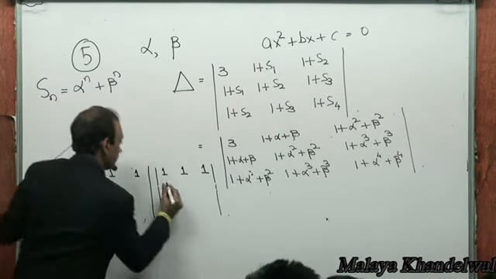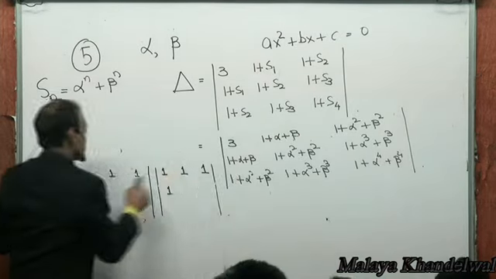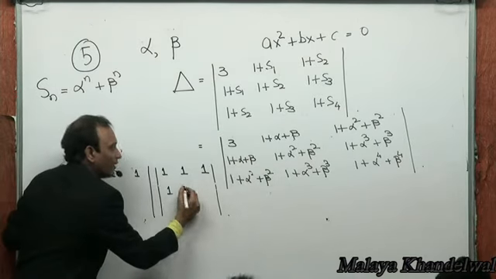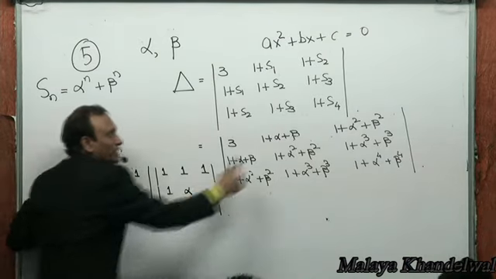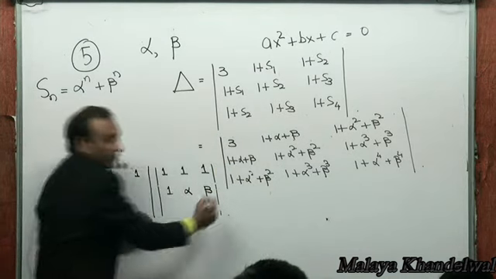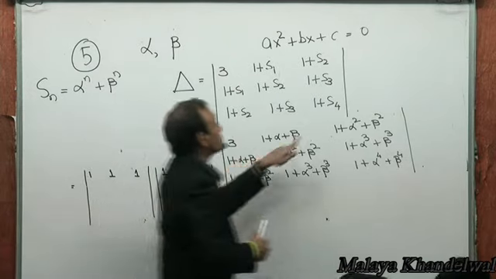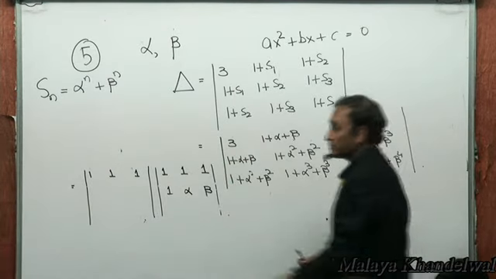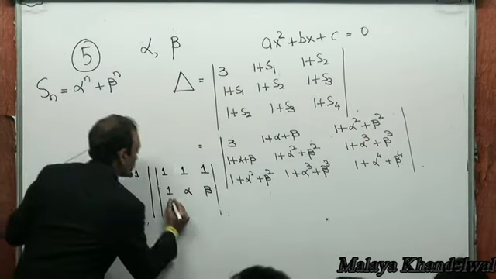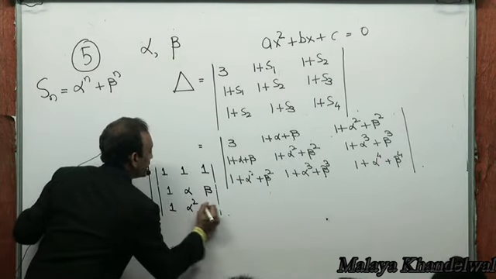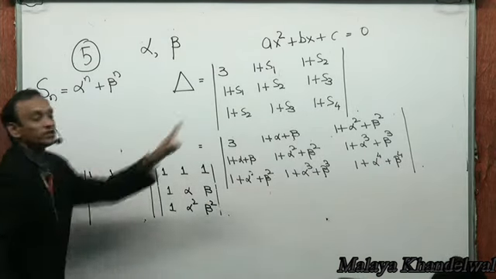So 1 into 1 with this, then 1 into what will give me alpha? Alpha. 1 into what will give me beta? Beta. Right? Similarly, 1 plus alpha squared plus beta squared. So 1, 1, 1 with 1, alpha squared and beta squared would give me the third term.